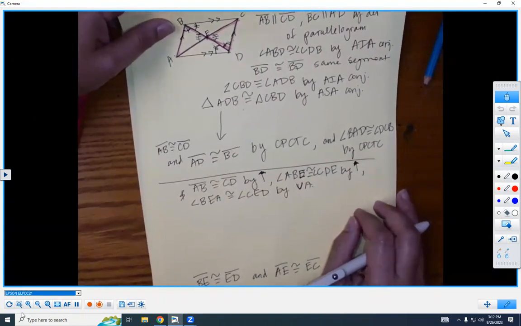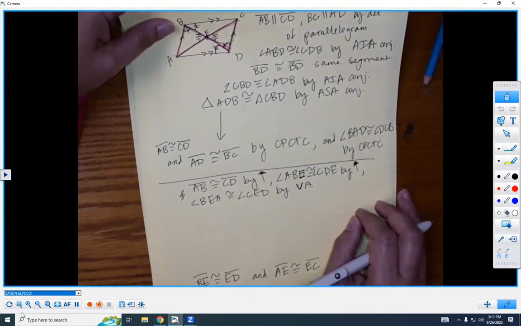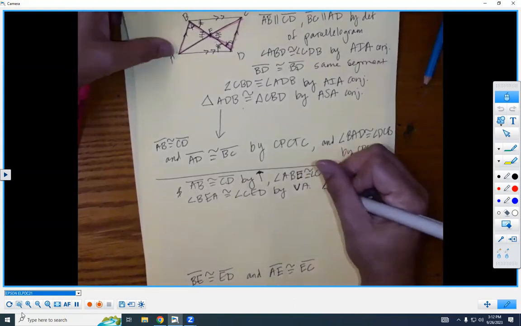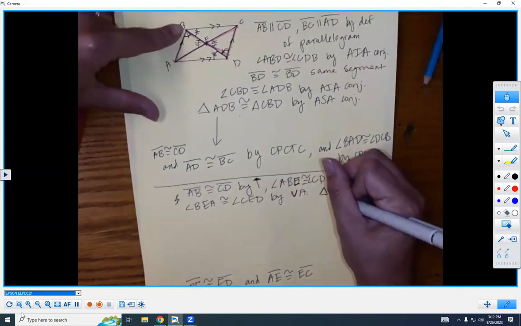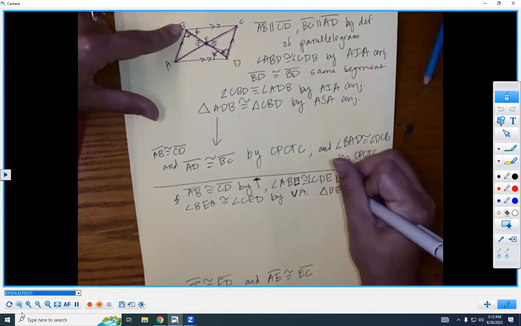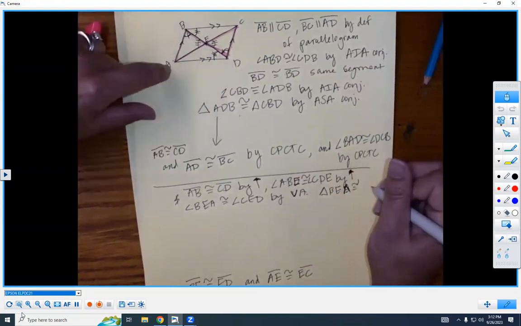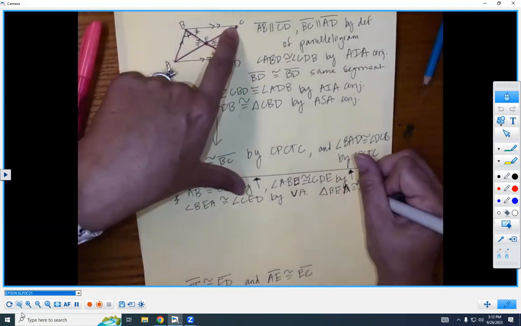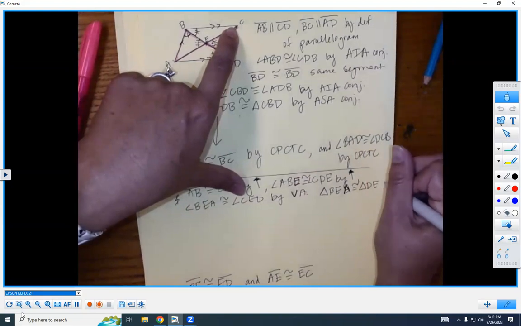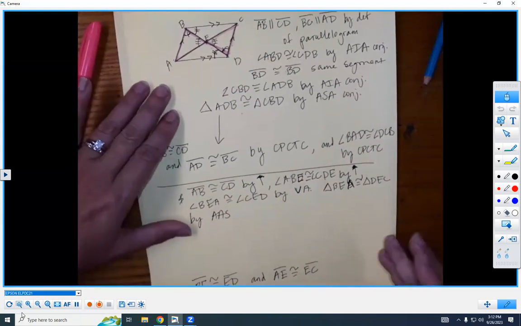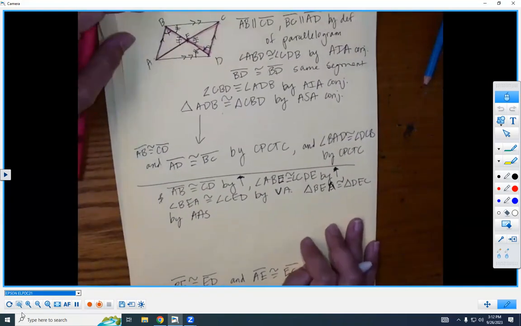And now I can say my triangles are congruent by angle, angle, side, or side, angle, angle; it doesn't matter how you write it. Now I can say triangle BEA is congruent to triangle DEC by angle, angle, side.